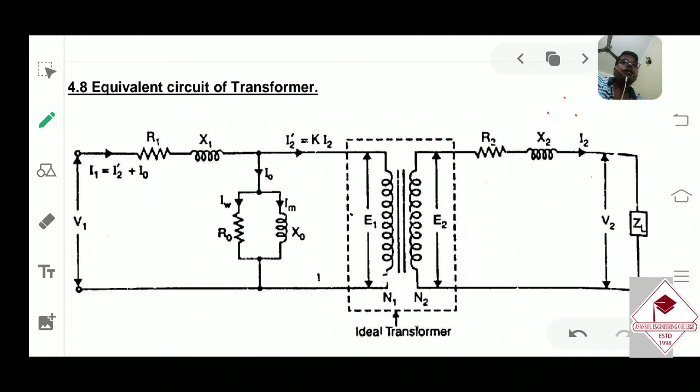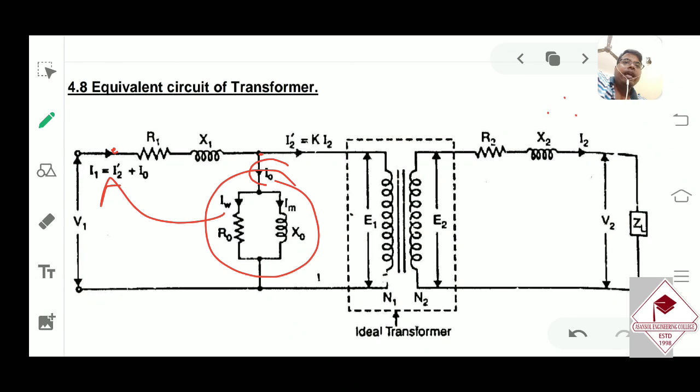Now see what steps we will follow to find the equivalent circuit. First of all, we will try to remove this one, so we will shift it from this position to this position. Then we can neglect it because this I naught value is very low. The next step is to remove this core also.